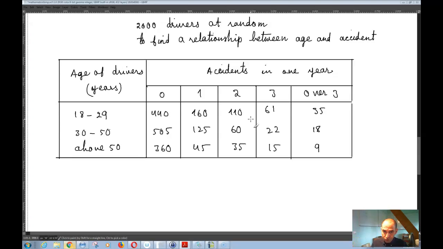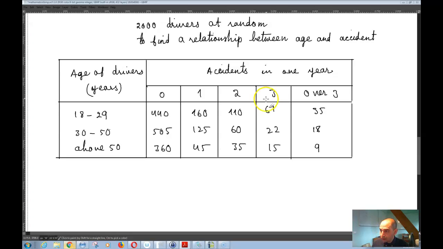The driver has already been chosen at random, and all of this data is related to drivers chosen at random from the city. So now what we need to do is find the probabilities of the following events for a driver.